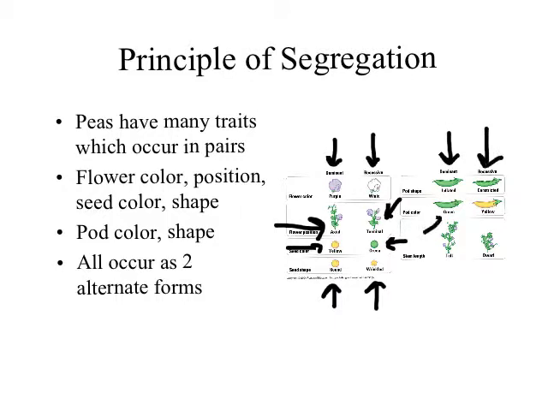The color could either be green or yellow. They could either be tall stems or dwarf stems. So they all come in two alternate forms. All of these traits come in two alternate forms, which is very useful when we're trying to figure out how genetics works and how inheritance of genetic material works.